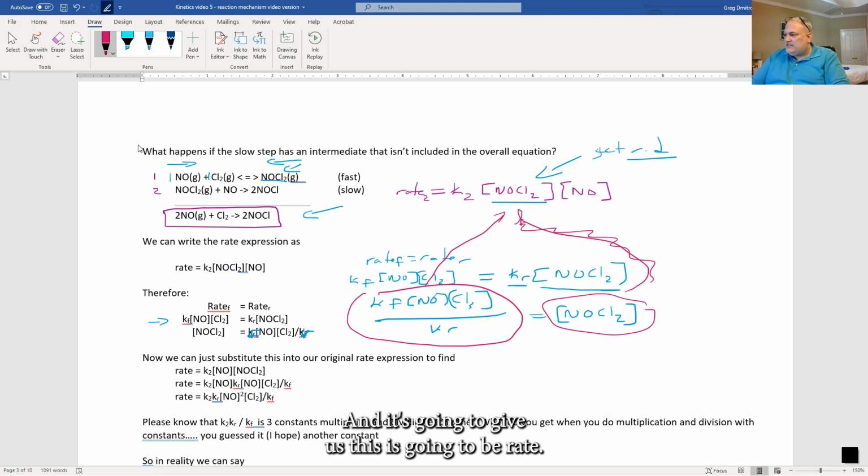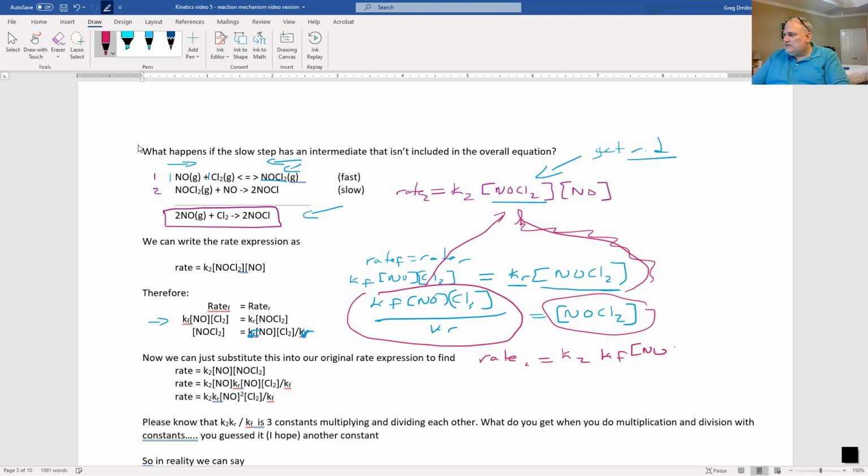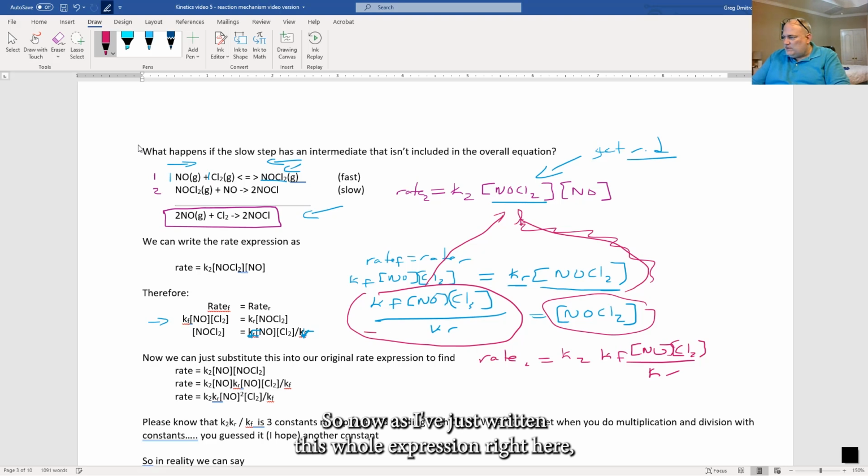Rate 2, if we want to say it this way, is going to be equal to K2 times Kf times NO times Cl2, and all of that is over Kr. In other words, I've just written this whole expression right here, and that's going to be times NO.